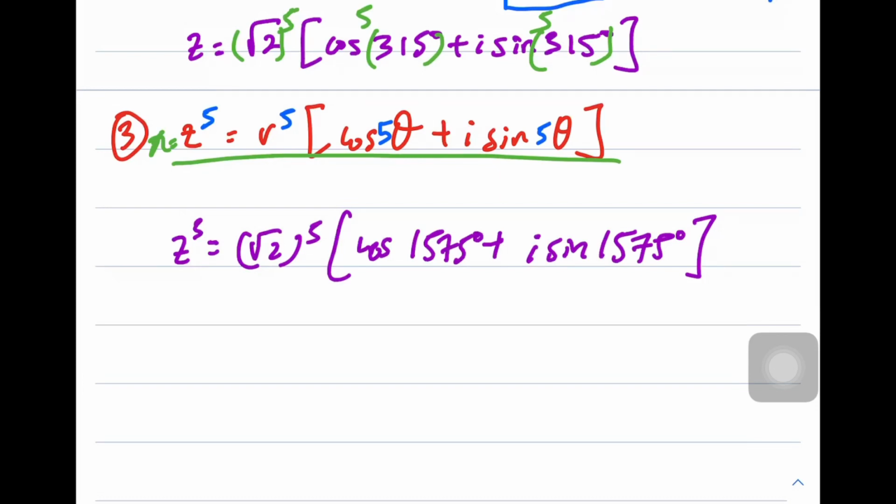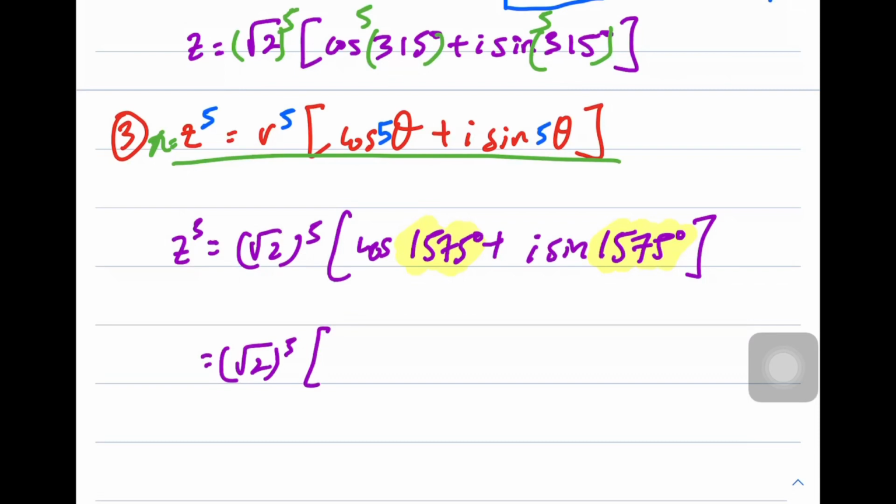However, this is not a final answer yet, because the condition for De Moivre's is that your argument must be in one cycle. It must be between 0 degrees and 360 degrees. So we want to change 1575 to be in one cycle. Just take a calculator, punch in 1575, and subtract 360, minus 360, minus 360 until you get the answer within one cycle.